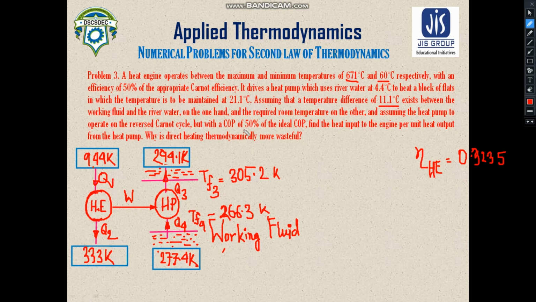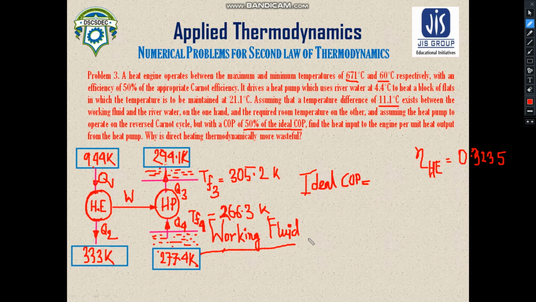Now it is mentioned that the ideal COP is twice the actual COP, right? So first you need to find out the ideal COP. Okay, so it is very simple. I have told you the COP would depend on the temperatures of the working fluid, not the river water.